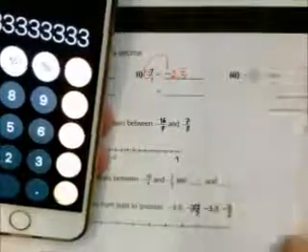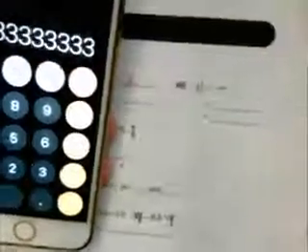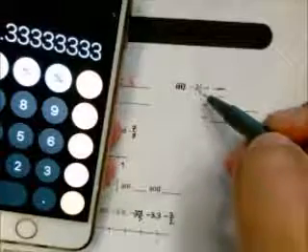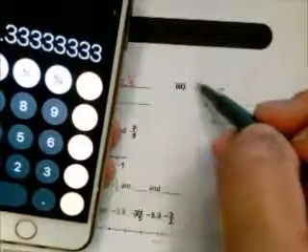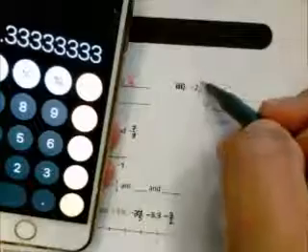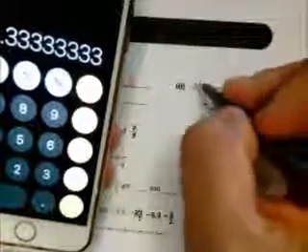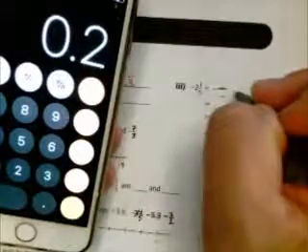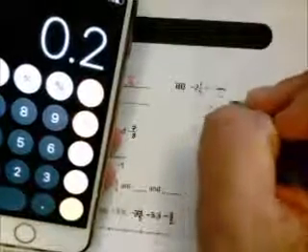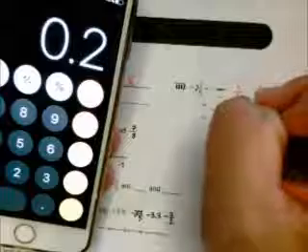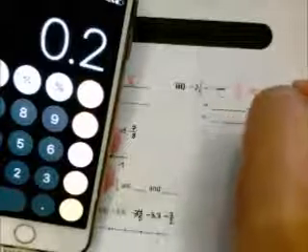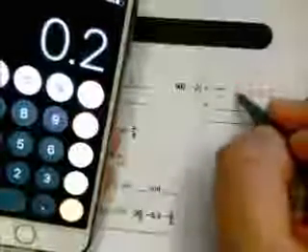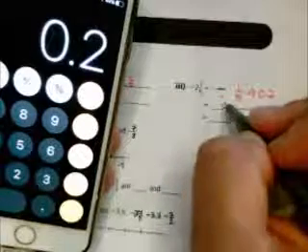And then for this one right here, what I'm going to encourage you to do is leave the negative 2 and just deal with the part that's a fraction. So 1 divided by 5 turns into 0.2. But then you put that negative 2 back on it.